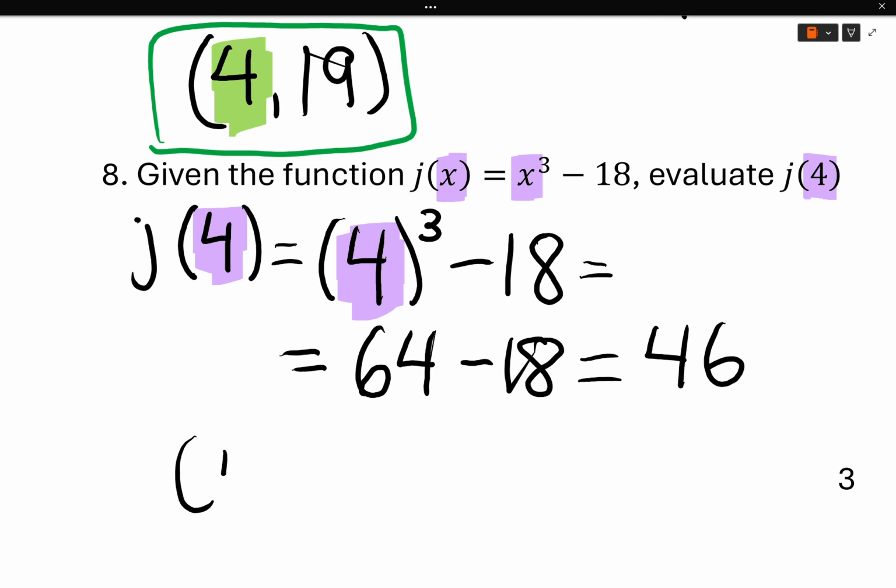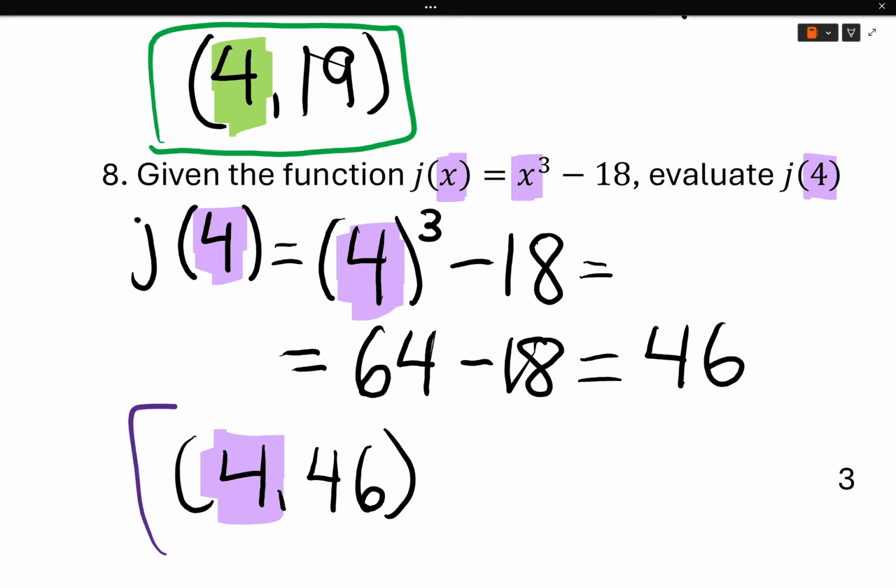Alright. 4 to the power of 3 is 4 times 4 times 4, which is 64. And 64 minus 18 is 46. Our answer is 4, 46 because we plugged in 4 and we got an answer of 46.